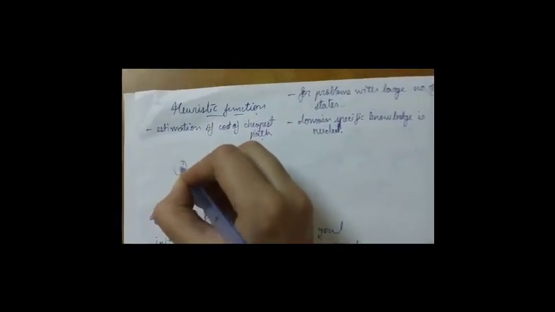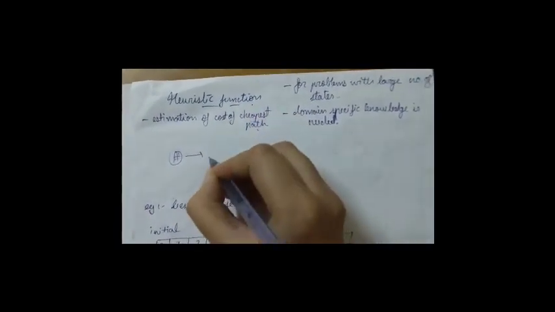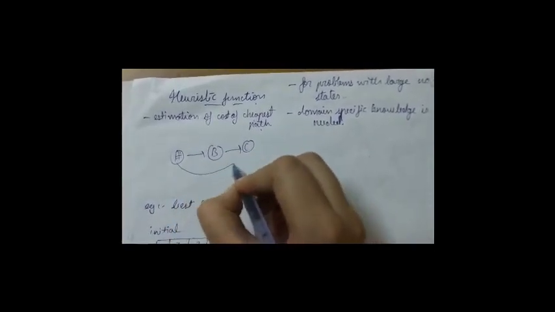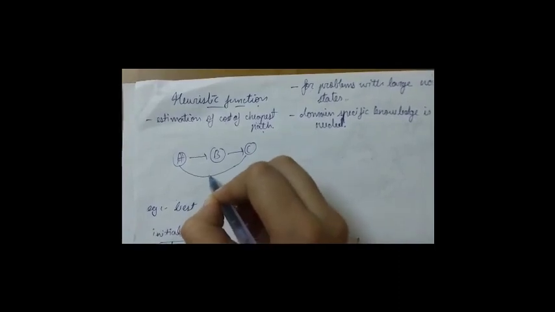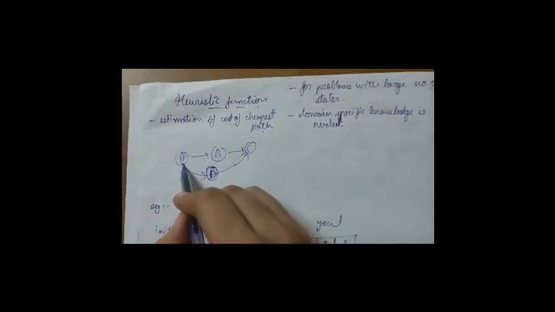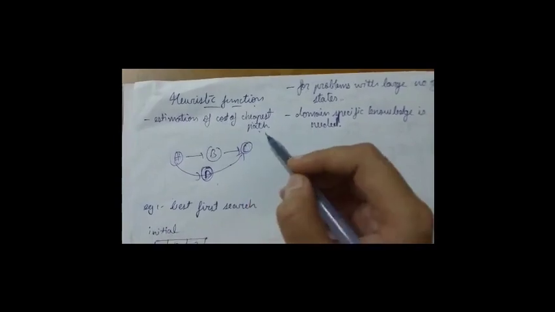So let's consider a graph like this. A is the source node and G is our goal.